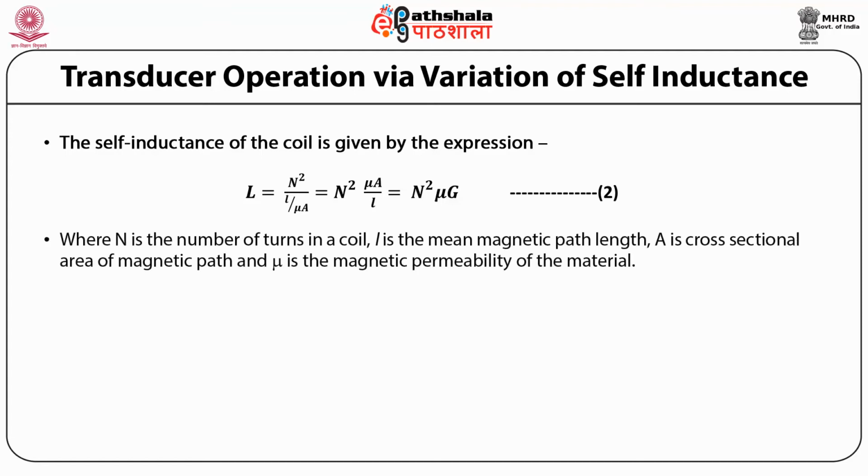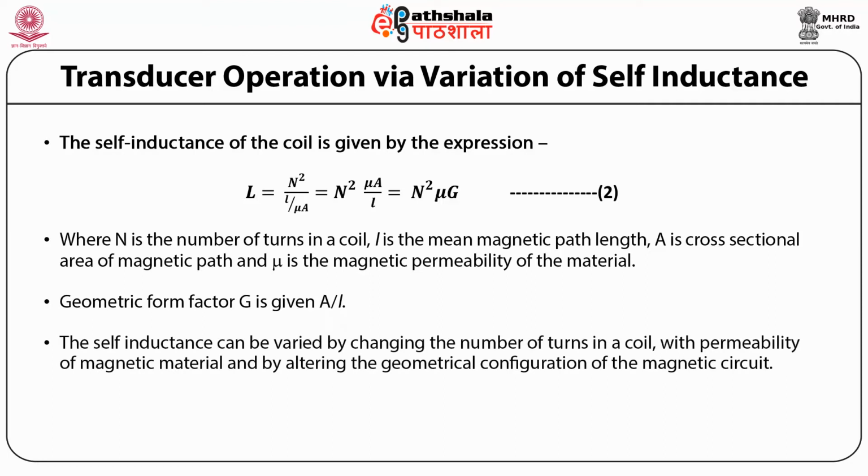where N is the number of turns in the coil, l is the mean magnetic path length, A is the cross-sectional area of the magnetic path, and mu is the magnetic permeability of the material. Geometric form factor G is given by A divided by l.